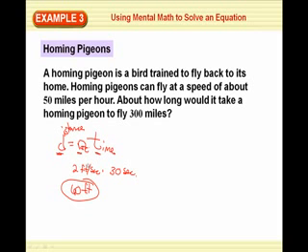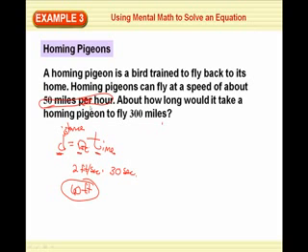So let's read example 3, which in your book is at the top of page 27. A homing pigeon is a bird trained to fly back to its home. Homing pigeons can fly at a speed of about 50 miles per hour. How long would it take a homing pigeon to fly 300 miles? So we have our formula right here. Let's put in what we know. We have 3 numbers here, and in this case we have 50 miles per hour.